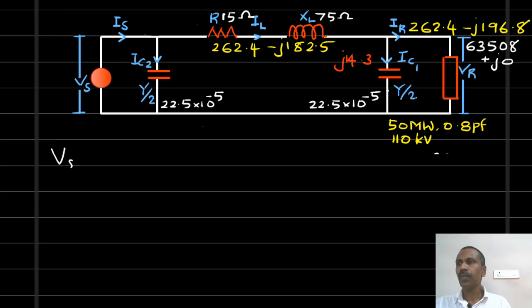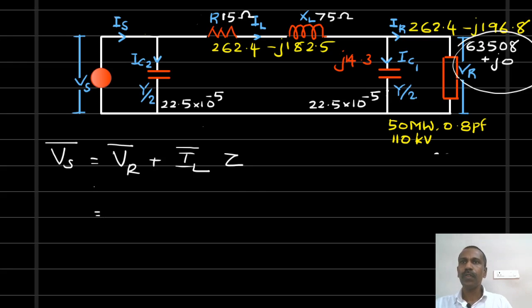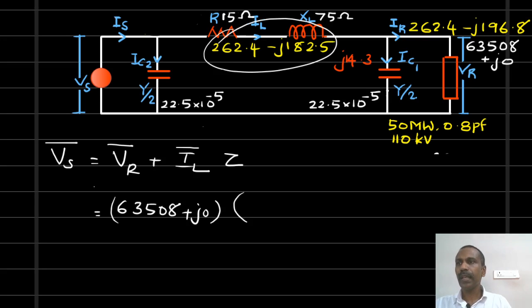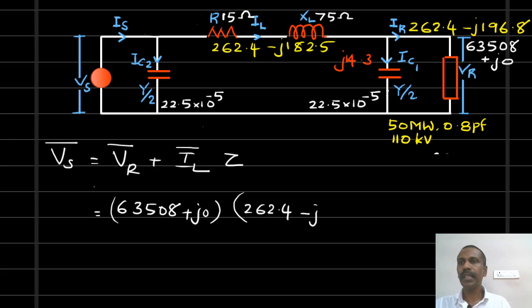Vs is equal to VR plus IL into Z. So this is equal to VR equals 63508 plus J0 into the line current, which is 262.4 minus J 182.5, into the impedance.